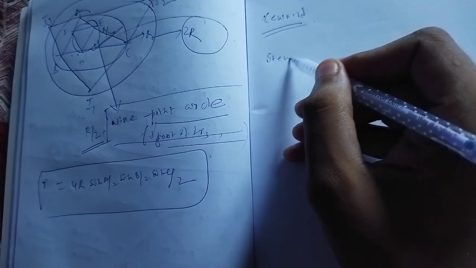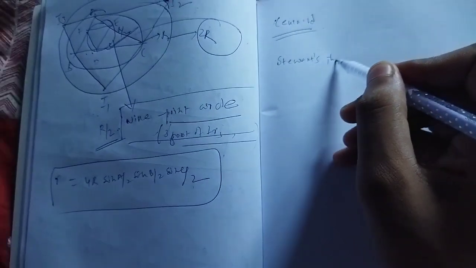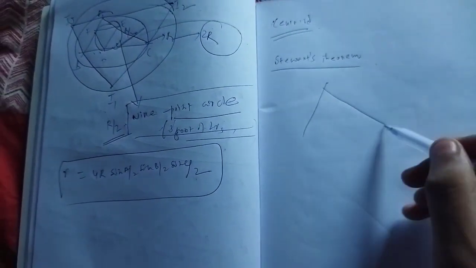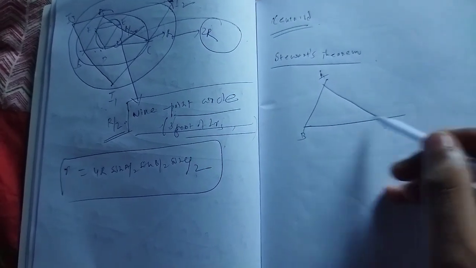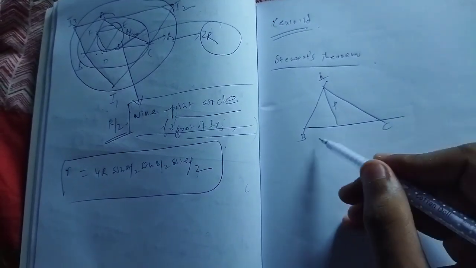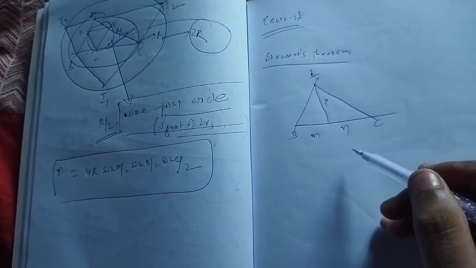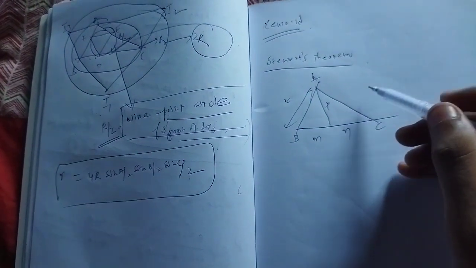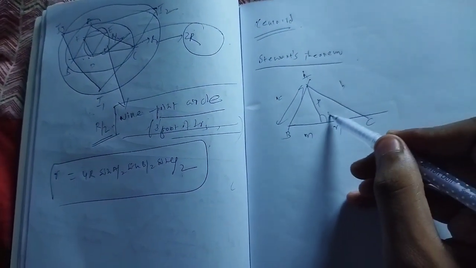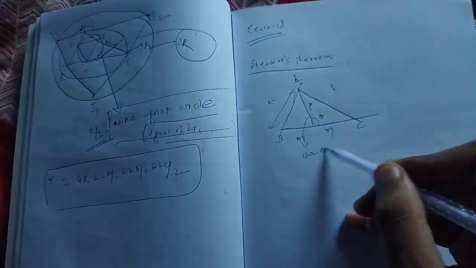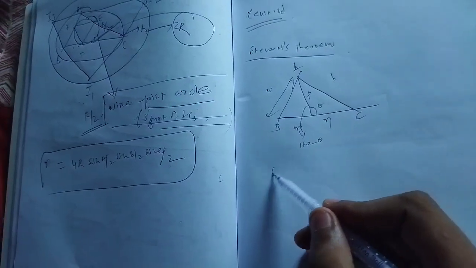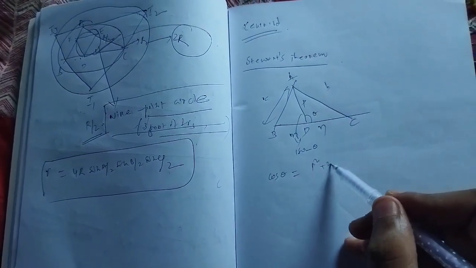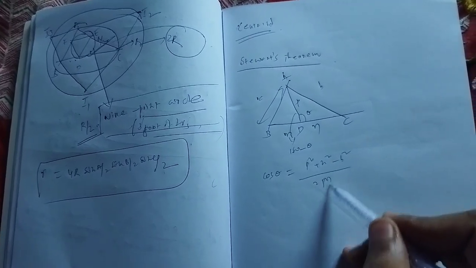Before that, let's discuss a theorem known as Stewart's theorem. It is based on the cosine rule. If a cevian is drawn in a triangle of length p and it divides the side into m and n, then we shall derive Stewart's theorem. Let the angle be theta, and the other will be 180 minus theta. Let us find cos theta in triangle ADC. It is p square plus n square minus b square by 2pn.